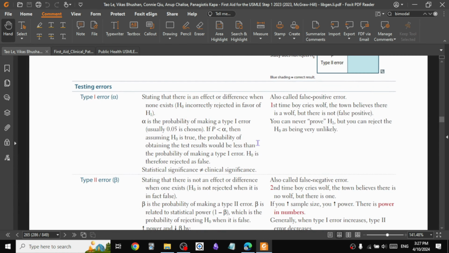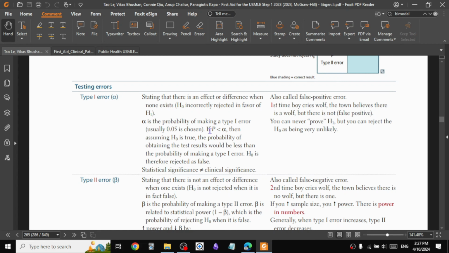Type 1 error. Let's just read through it. Stating there is an effect or difference when none exists. Makes sense. Alpha is the probability of making a type 1 error. Okay, usually it is less than 0.05. Makes sense. If P, the probability, is less than alpha, then assuming H naught is true, the probability of obtaining the results would be less than the probability of making a type 1 error.